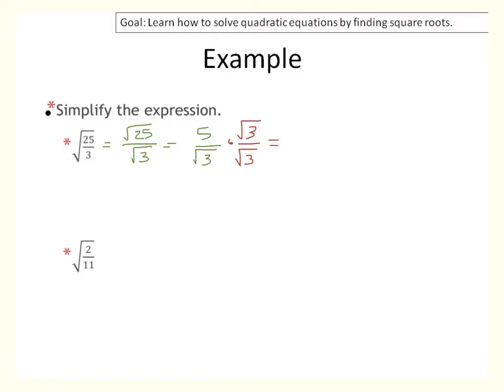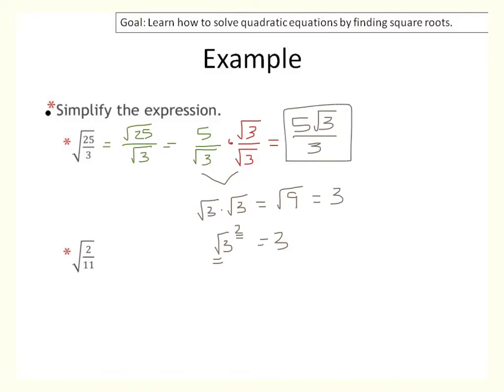On the bottom, the square root of 3 times the square root of 3 gives the square root of 9, which is just 3. Another way to think about it is that anything times itself is squared, and a square root and a square undo each other, so you just get 3. So here I have 5 square root of 3 over 3, and you leave it like that. There's nothing else you can do with it. Square root of 3 cannot be simplified, and you no longer have a square root on the bottom.